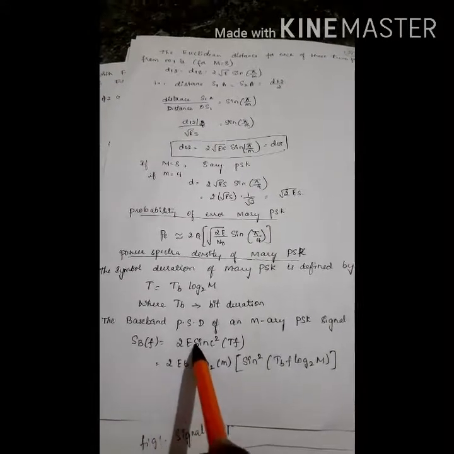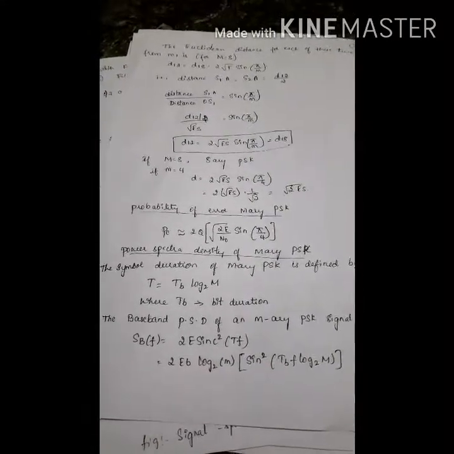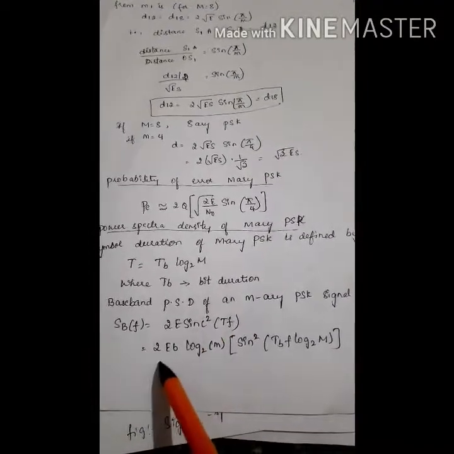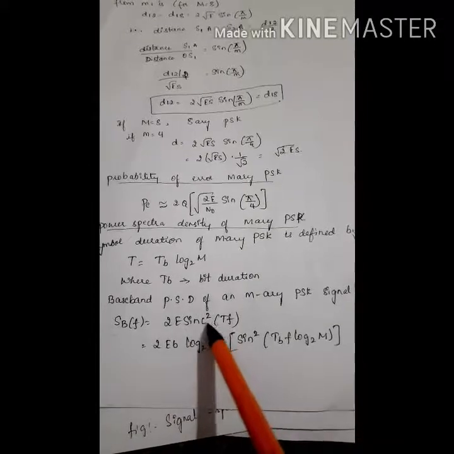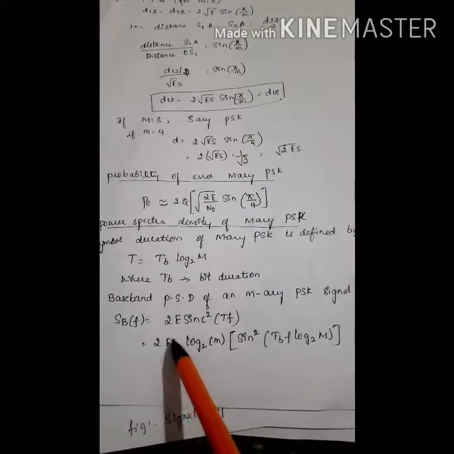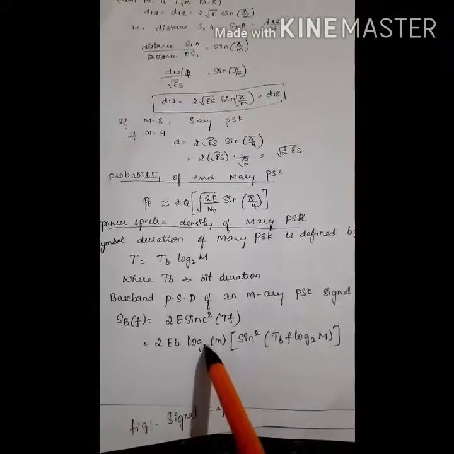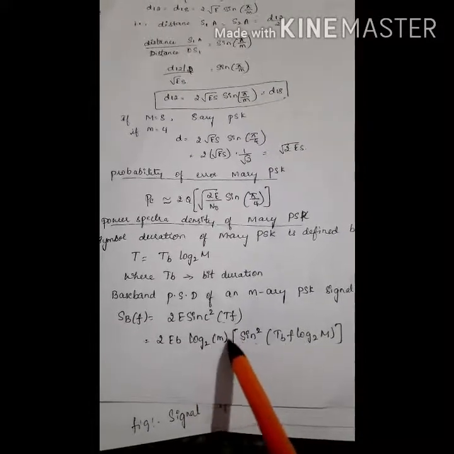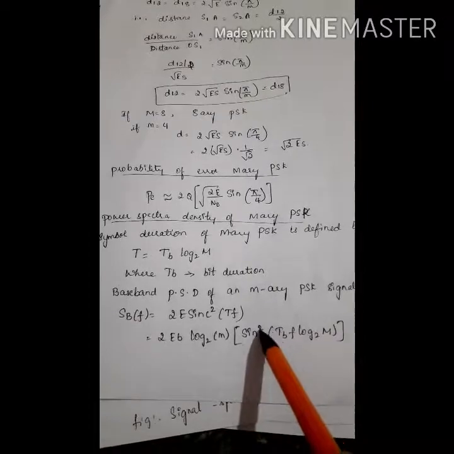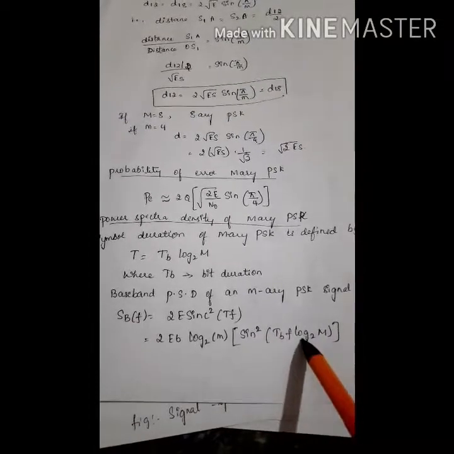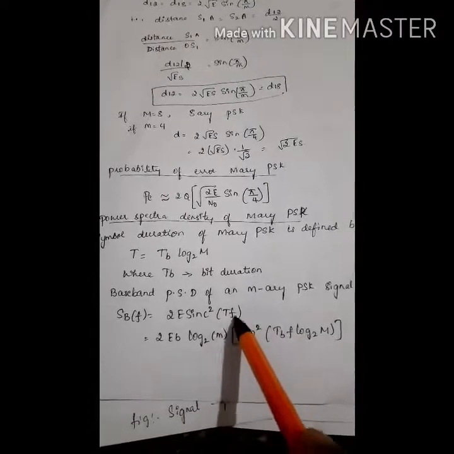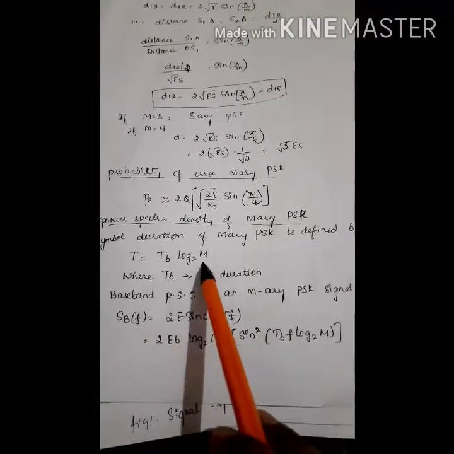2E sinc square TF, and 2E can be written as 2EB into log base 2m, and sinc square can be written as sinc square TBF into log base 2m, because T can be written as TB into log 2m.